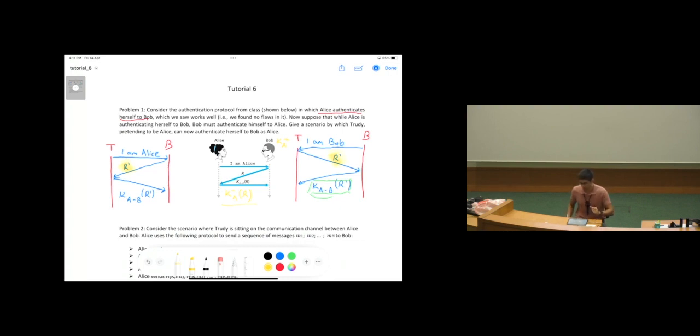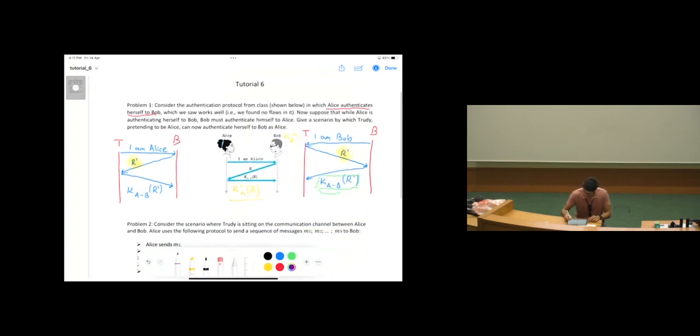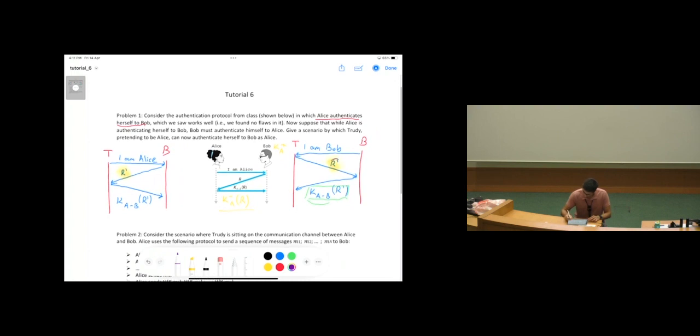Because if we do this, then even if Trudy in our scenario uses the same nonce value here, let's use another color there. Okay. Let's say our Trudy here requests the same nonce.